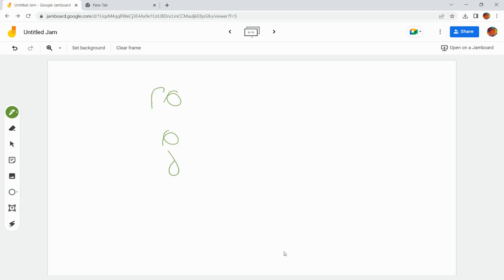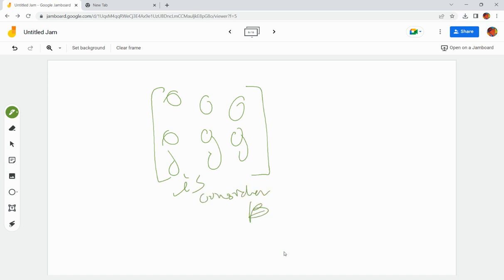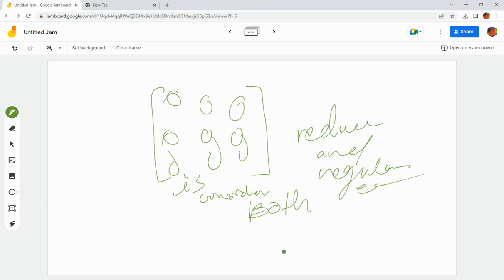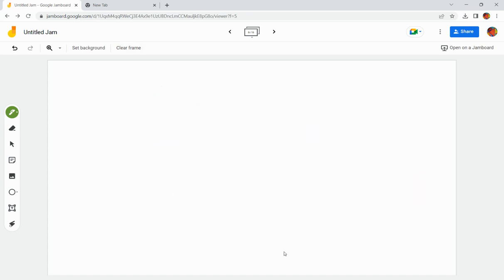Another thing to note, a 0, which I got wrong on the test, is considered both reduced and regular echelon form, which is a pain. I got that wrong on the test.